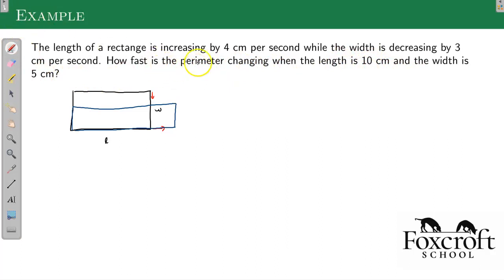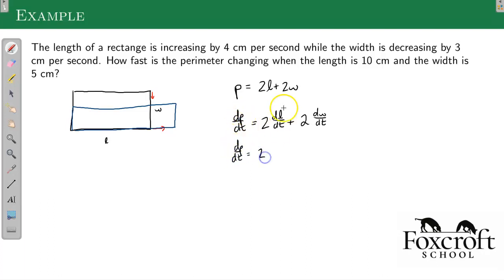We know perimeter is 2L plus 2W. One thing you don't want to do in these related rate problems is plug in these numbers right now. I don't want to plug in 10 for length and 5 for W because that forces them to be the same for the entire problem, but they're changing. We're just trying to look at one single snapshot. So now we take the derivative, which we've pretty much done before. We're trying to figure out how the perimeter is changing.